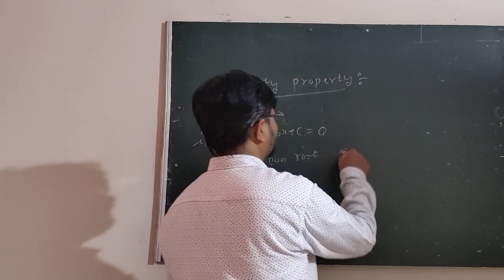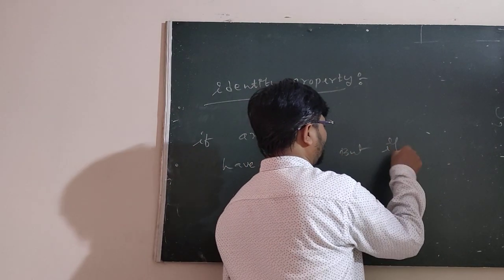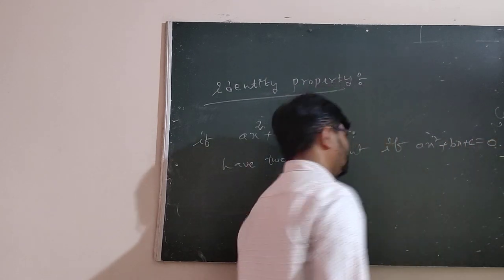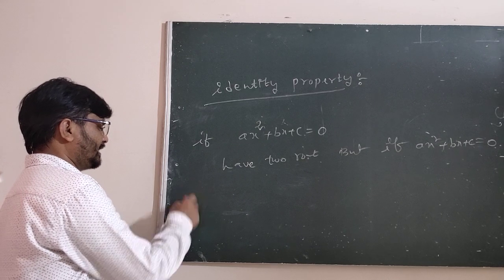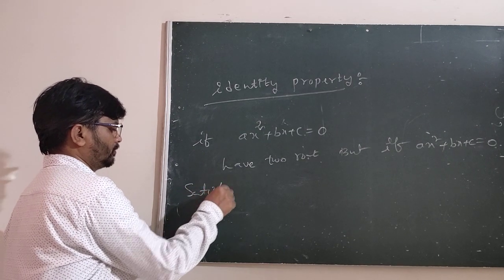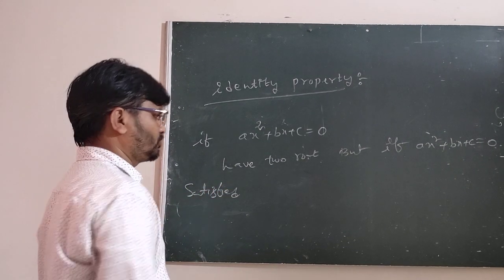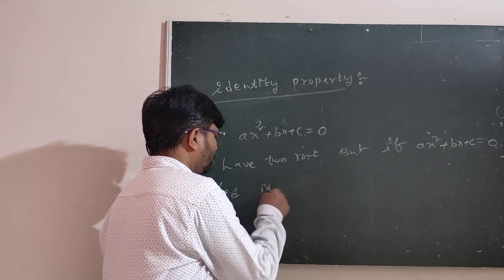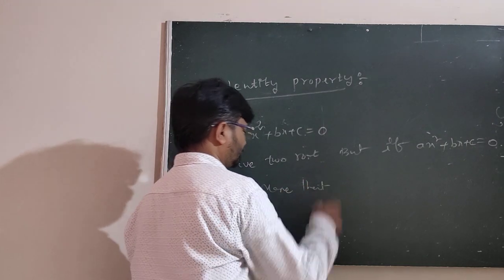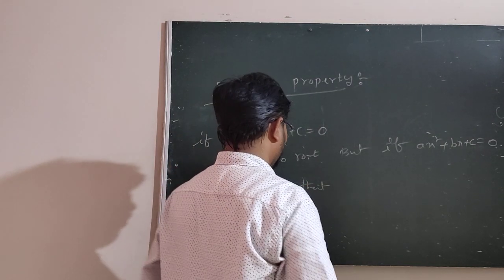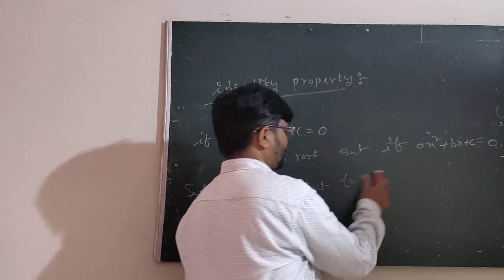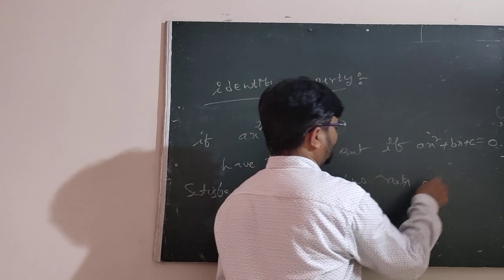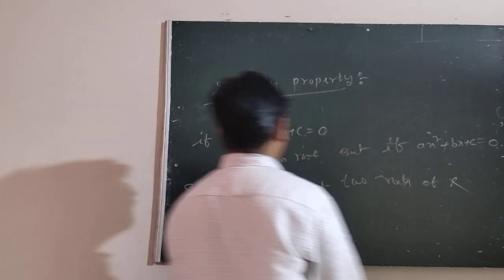But if the equation ax square plus bx plus c equal to 0 is satisfied by more than two roots of x, then it is called an identity.